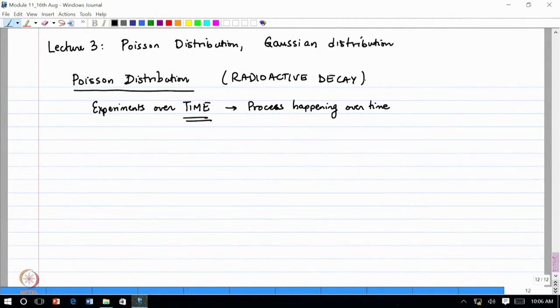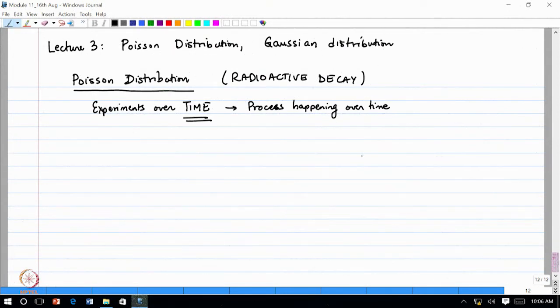So what you think of is you have a nucleus of a radioactive element, and over some time it decays, and each decay is one instant, or one single process. In one decay one atom decays, then later on some other atom might decay.